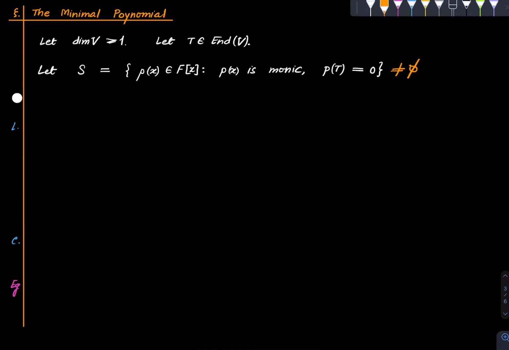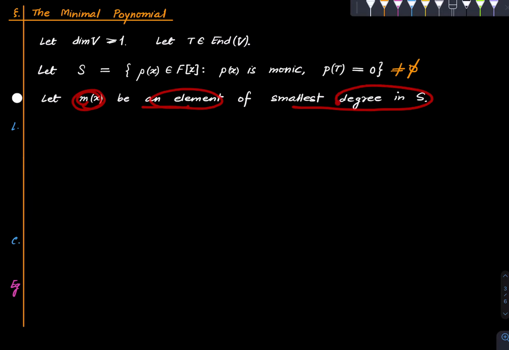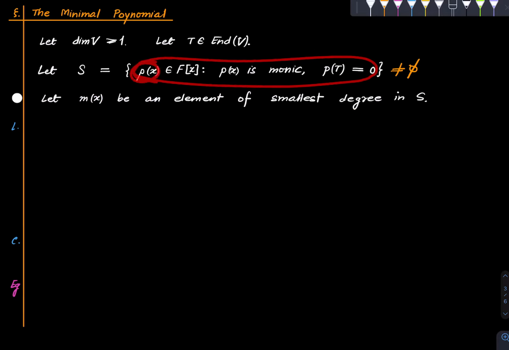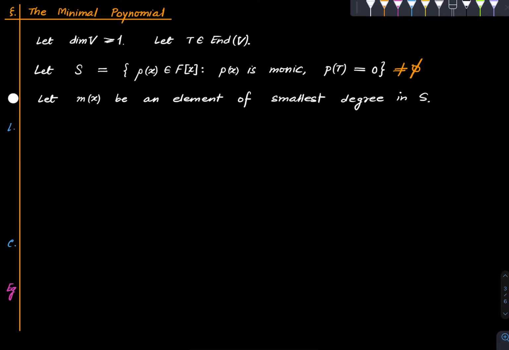Okay? And now, let m(x) be an element of smallest degree in S. So we have a non-empty set. Each element here has some degree, which is an integer. That degree cannot be 0, I'm just making a side remark, because if you have a monic polynomial of degree 0, it's basically the constant polynomial 1, and it cannot be satisfied by an endomorphism.